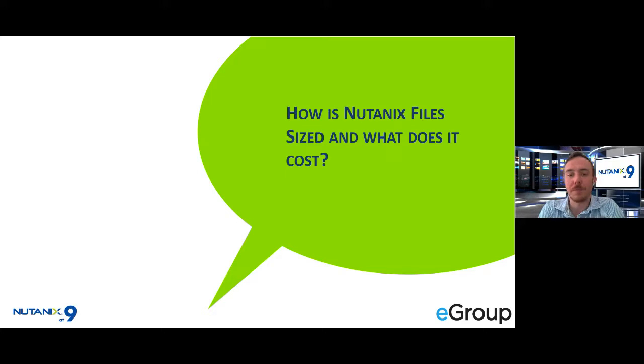Yeah, I think this is a great question, right? It's a great question from the fact that it's one that's kind of easily solved. Nutanix Files, we size based on the amount of data you've got. So, if I was to size out a file solution, it's, oh, well, do you have 1 terabyte, 5 terabytes, 10 terabytes, 100 terabytes, right? And we work around that. So we look at, how much data are you going to store? Now, if it's going to be mixed and matched in a cluster with VMs or other compute instances, well, we got to take all that into account.